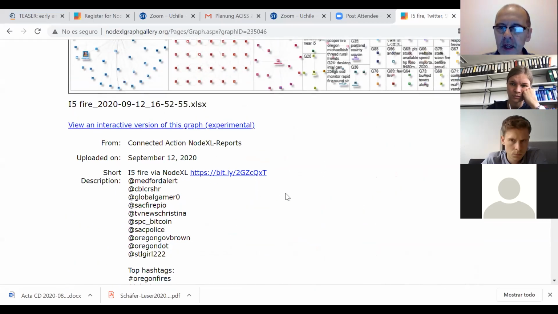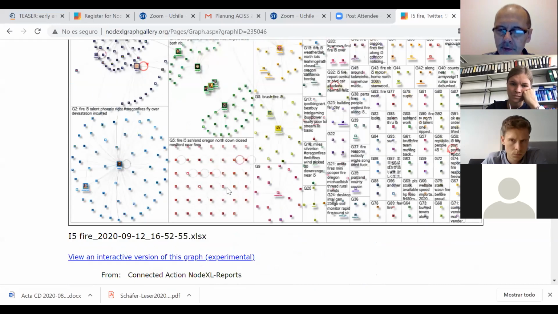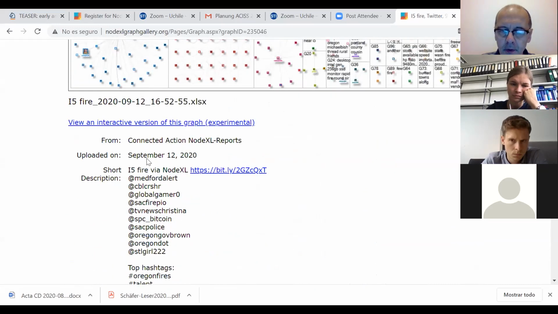Let me explain first what we are seeing here on this graph. That's a network which was uploaded on Saturday, September 12th, just two days ago, and it's about the I5 fire. I Googled it and found a fire on an interstate highway, Interstate 5.